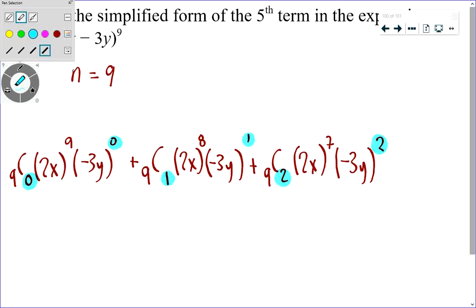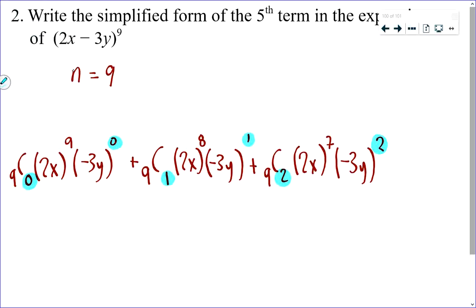And finally, and then we can answer this question and you can get some practice. This number here is what I'm going to be referring to as a key number. The key number for this term is 0. The key number for this term is 1. The key number for this term is 2.